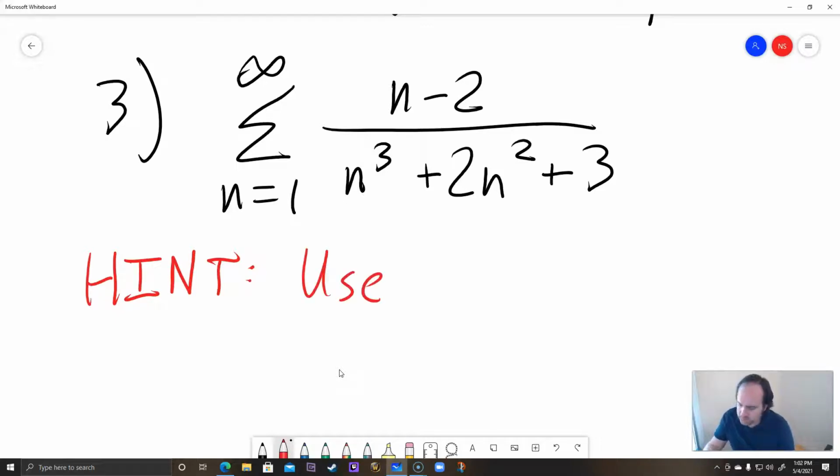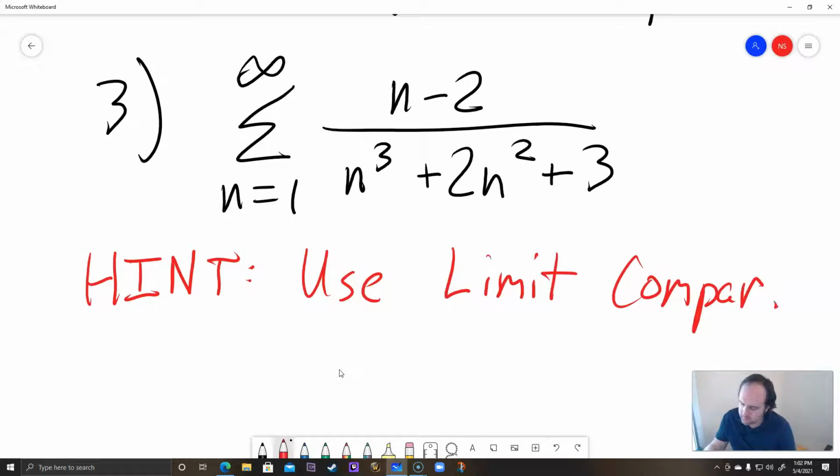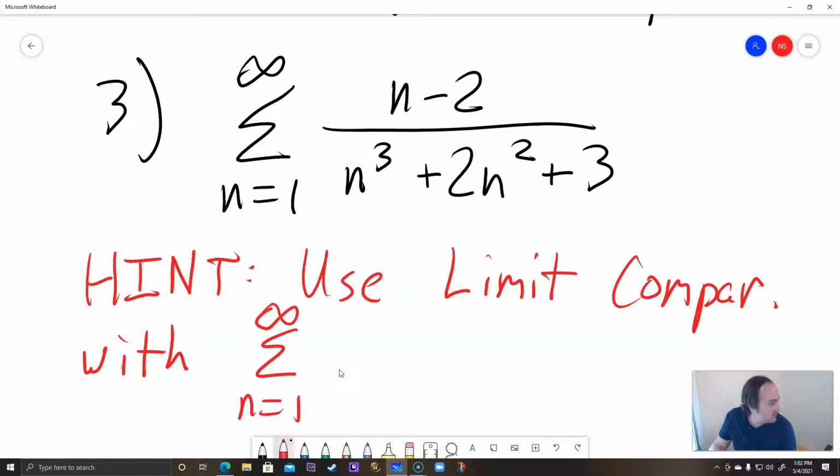So we're going to use limit comparison with the sum of 1 over n squared. With these, they're pretty nice about it because they actually give you a hint what you're supposed to use for your limit comparison, and then we go with that.